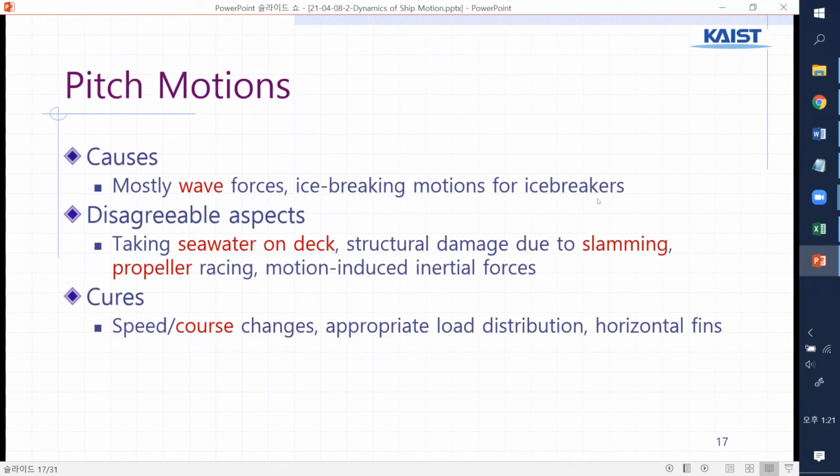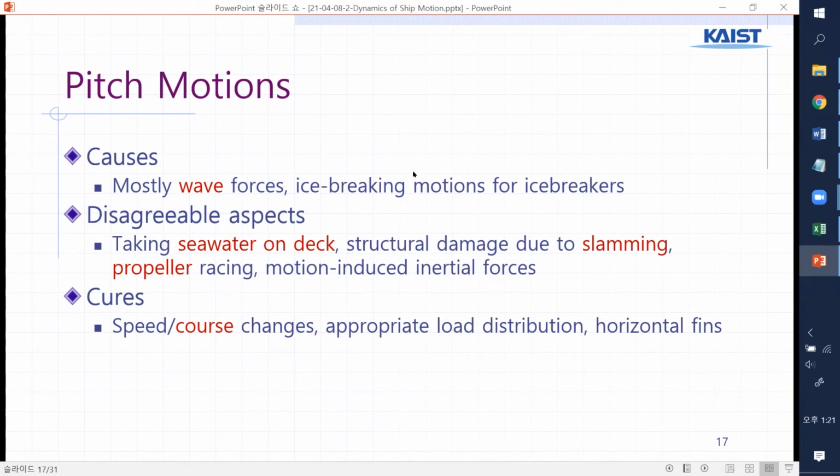So pitch motion is another motion rather than roll. It is up and down, front and back. It comes from wave forces, but the wave is coming from the front rather than the side. That causes pitch.